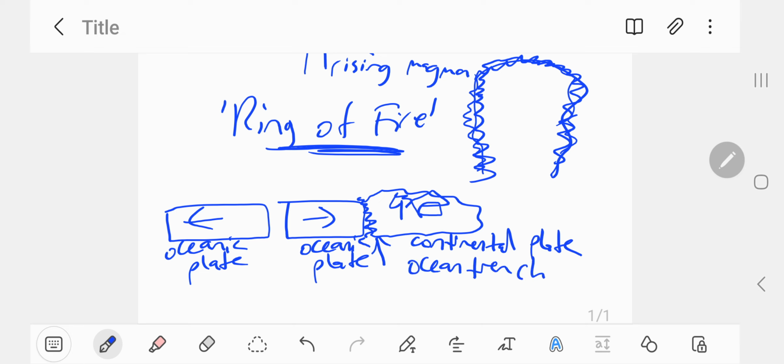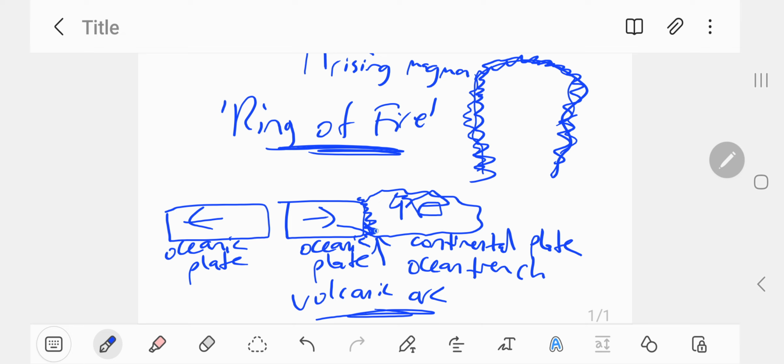Subduct means to sink, because an oceanic plate is denser, heavier than a continental plate, and so it'll sink beneath it. As it sinks, it'll destroy crust where the ocean trench is formed, and that exposes magma from beneath. You get what's called a volcanic arc.